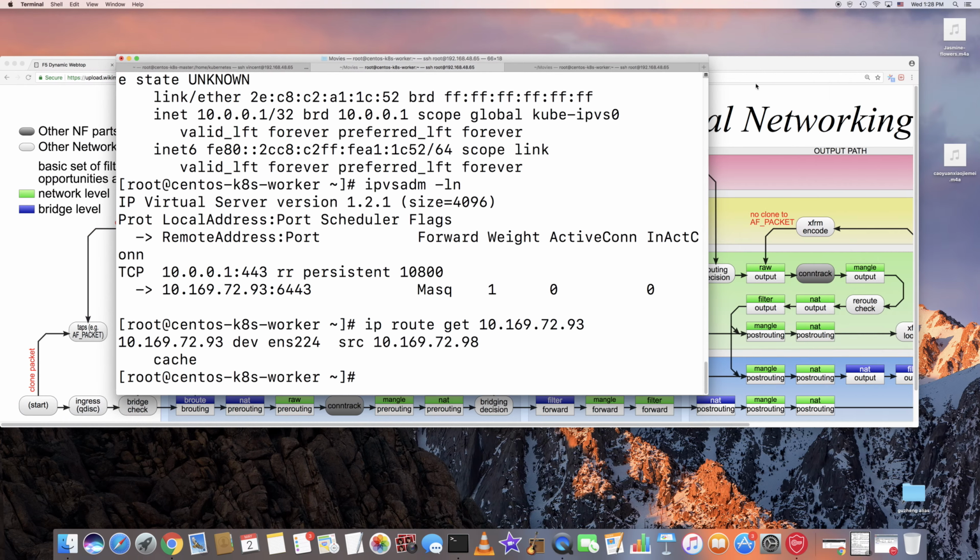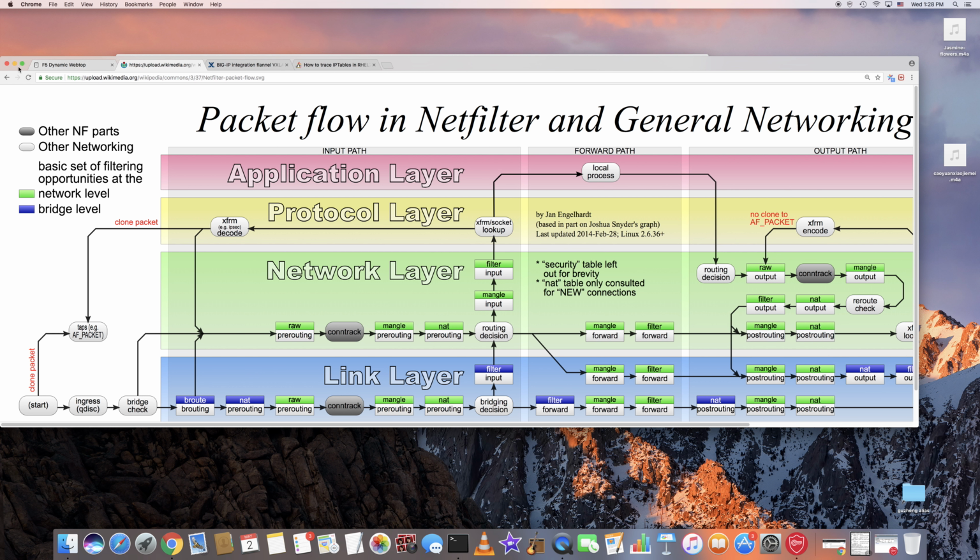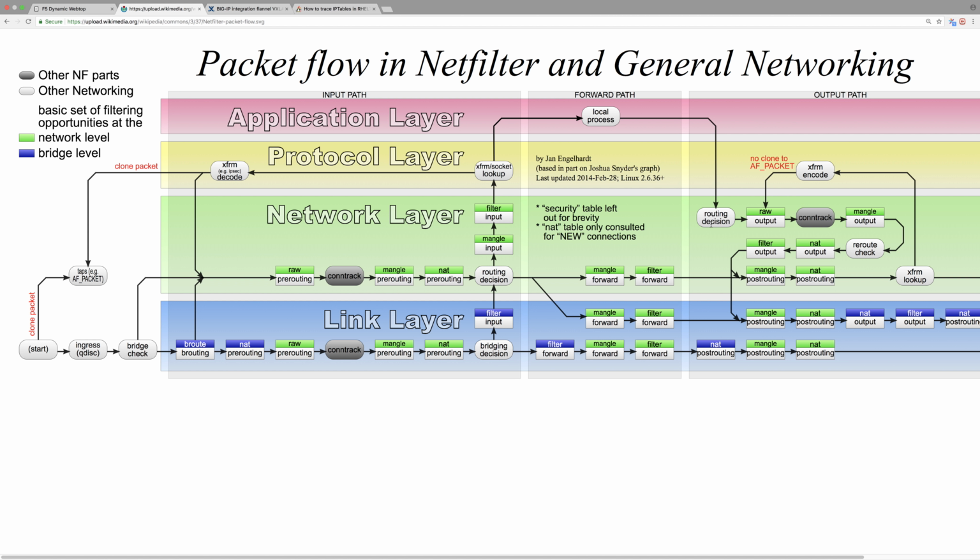Okay, let's go back to the diagram here. So routing decision, then go into the output. This raw, with green, is the iptables raw table in the netfilter framework.